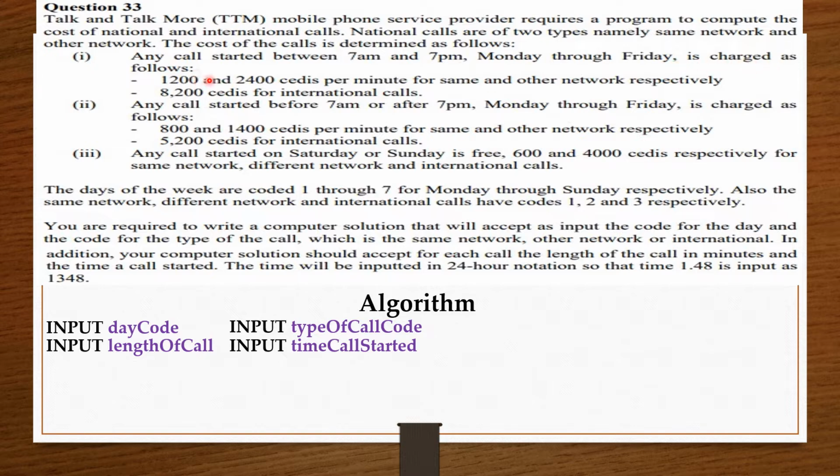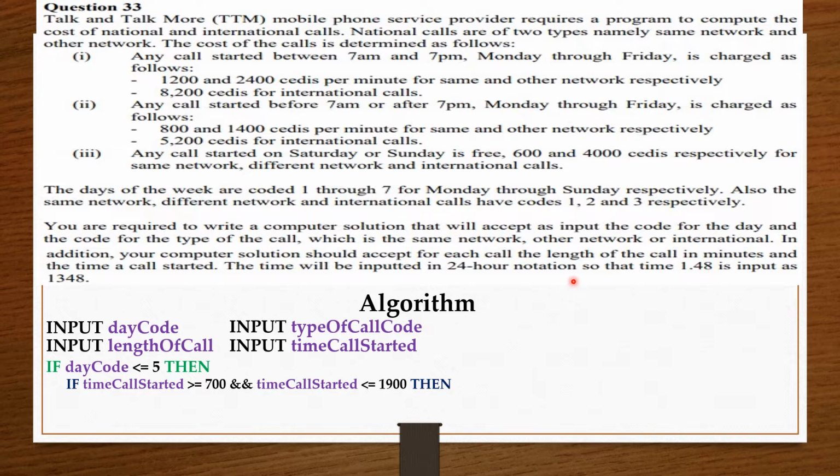So, Monday through Friday, that is through code of the day 1 to 5, any call started between 7 a.m. and 7 p.m., that is through 700 and 1900. Remember, we are to enter the time in 24-hour notation.